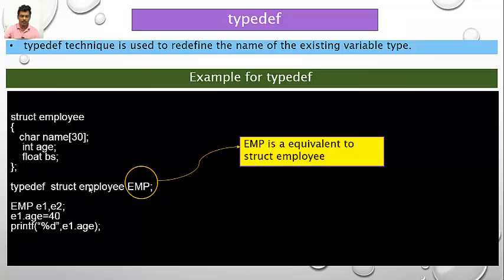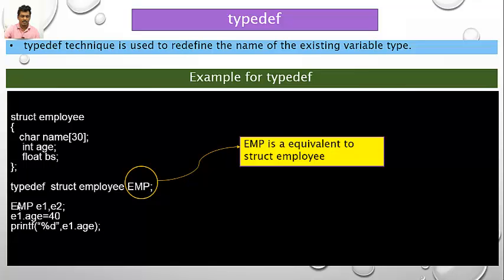If we want to declare structure variables, we just write EMP E1 comma E2. It's not necessary to write struct employee E1 comma E2. We simply write EMP E1, E2. So EMP is a typedef name.